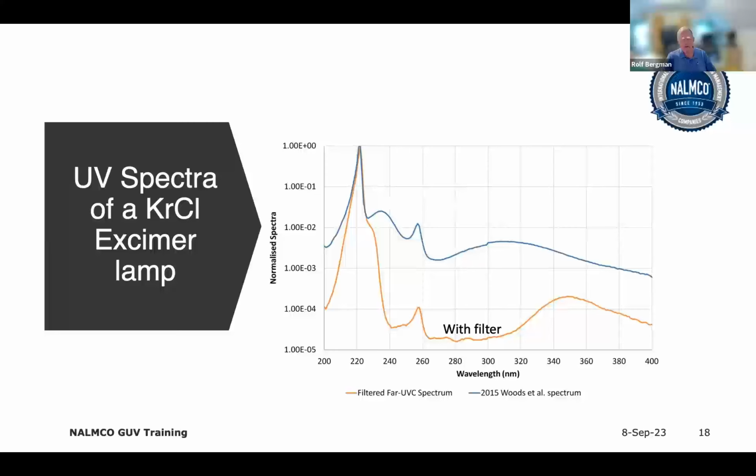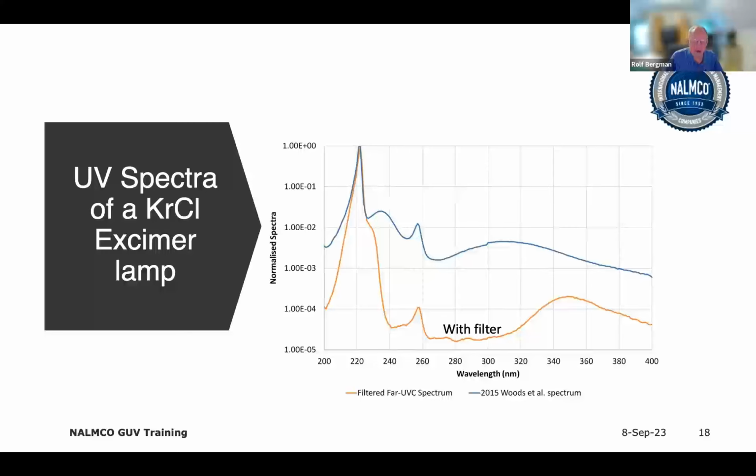So what was found is that the lamps as used will create sunburn with overexposure, even though the 222 is not responsible for this. So the need was seen to provide a way to filter out the higher wavelengths above 240.